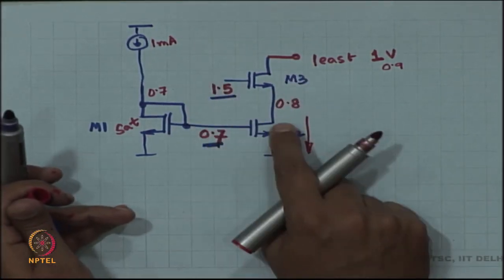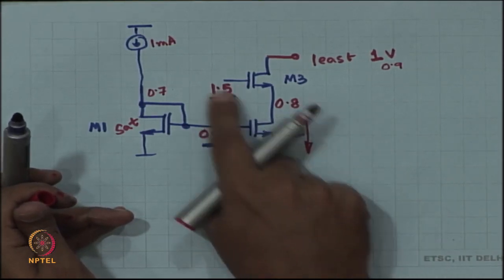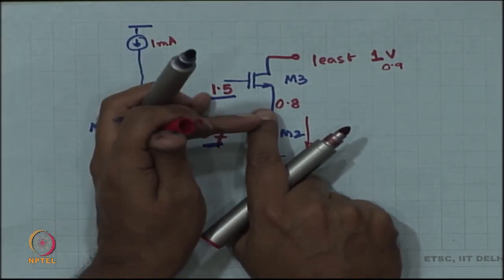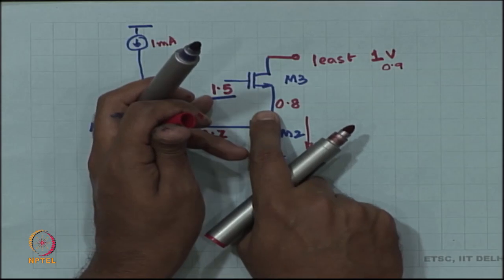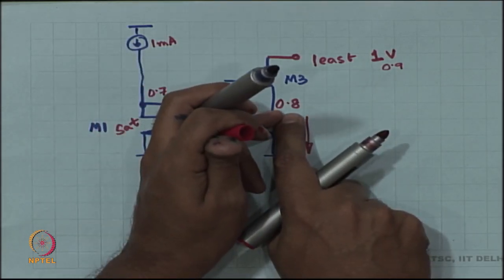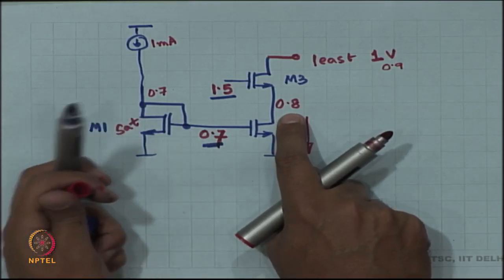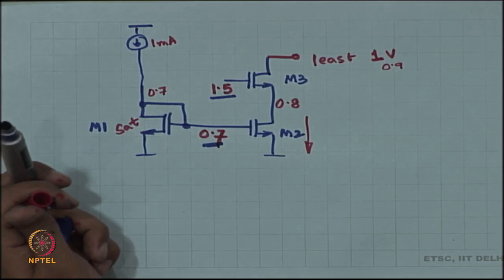So, let us increase the VGS a little bit, in which case instead of 0.7 VGS, I now need a little more VGS. Let us say I need 0.75 VGS, right. So, this is going to drop to 0.75. If I drop this to 0.75, this device is still in saturation.